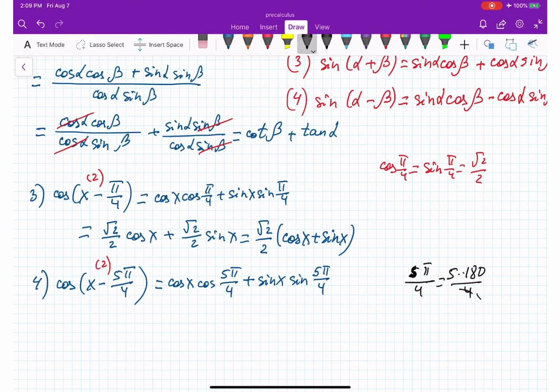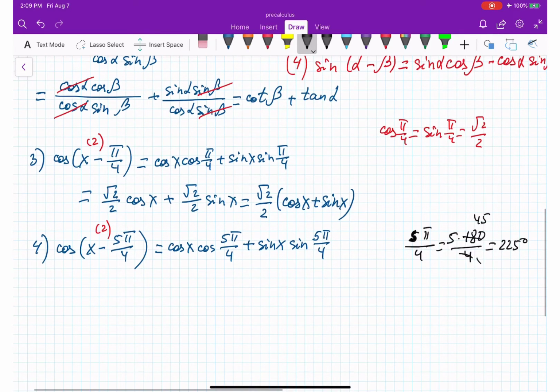This is 45 degrees, so we get 225 degrees, correct? Okay, let's see where 225 is. If this is 180, this is 270, so 225 will be somewhere here.